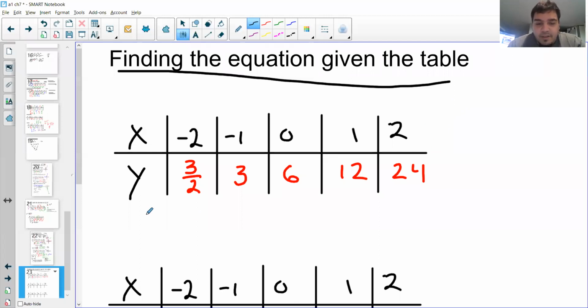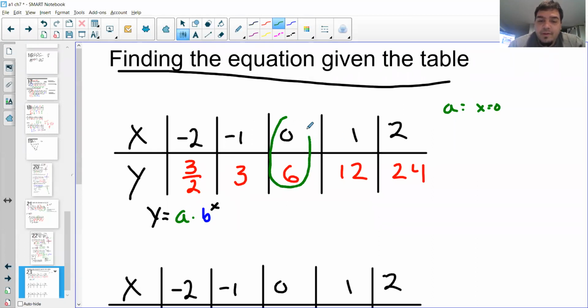So let's talk about how you find the parts of the expression. The equation is y equals, we'll do different colors, a times b to the x. Now, your a value, which we have in notes already, I just wanted to go over again. The a value is when x equals 0. So when x equals 0, your a value is going to be given. In this case, it's 6, because that's where x equals 0 is.